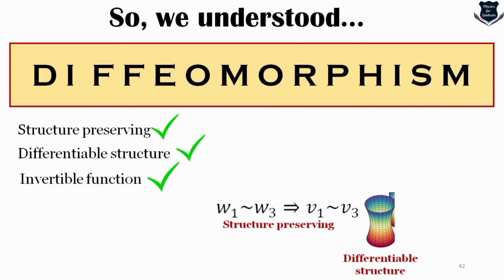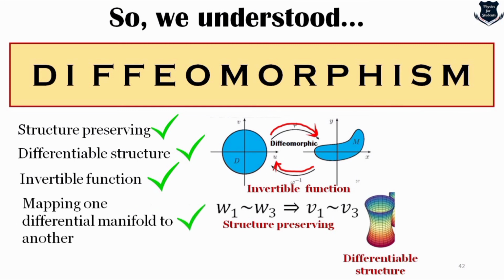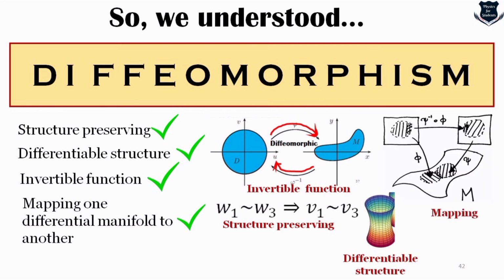We have also seen what an invertible function is, that the function and its inverse should be continuous with a diffeomorphism. And we have seen mapping one differentiable manifold to another. This is the one, and we call the mapping from one manifold to another a transition map. So this completes our understanding of what a diffeomorphism is.